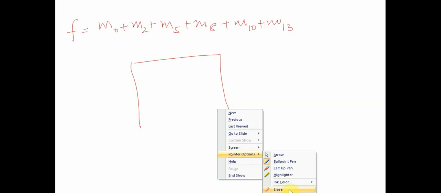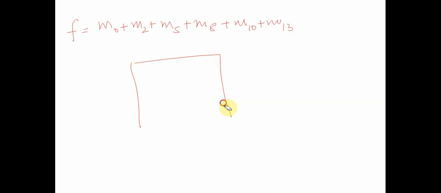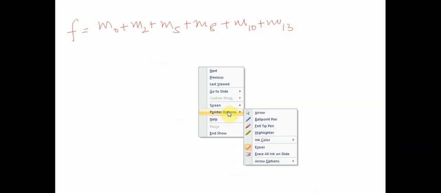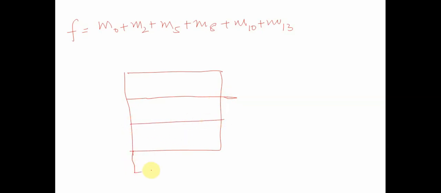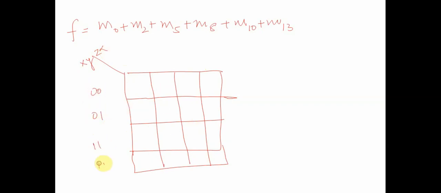Let's draw it cleaner. Okay, we have xy, z and alpha, and then we have 0 0, 0 1, 1 1, 1 0 along both axes.